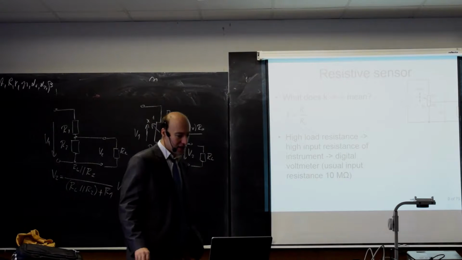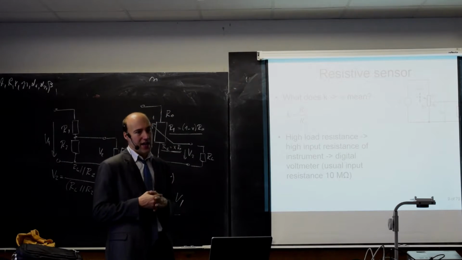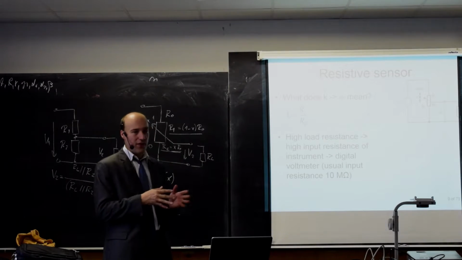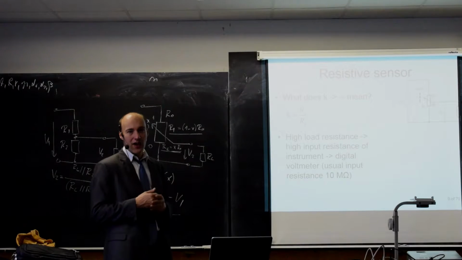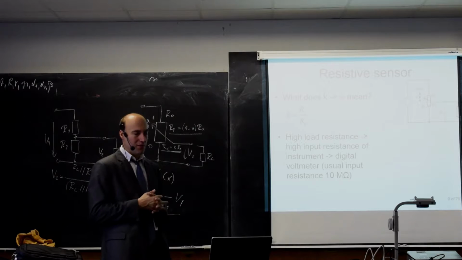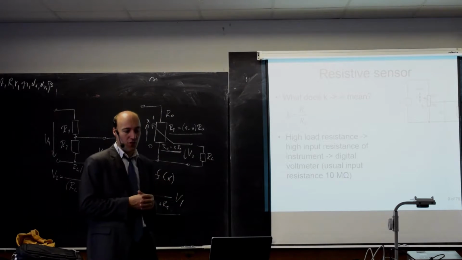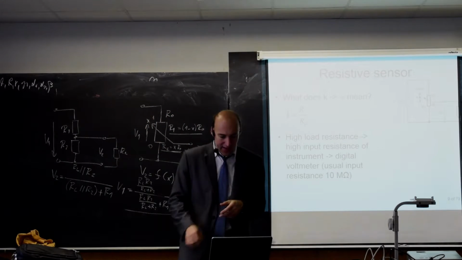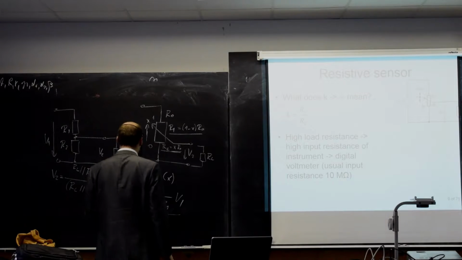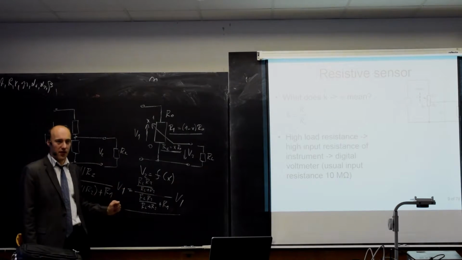Digital voltmeters usually have an input resistance higher than 10 megaohms. So if I take a sensor of 5 kilo ohms and 10 megaohms, then that's definitely bigger than 100 times. And then with digital voltmeters, we don't have any trouble. We can also use this equation to calculate absolute and relative error.